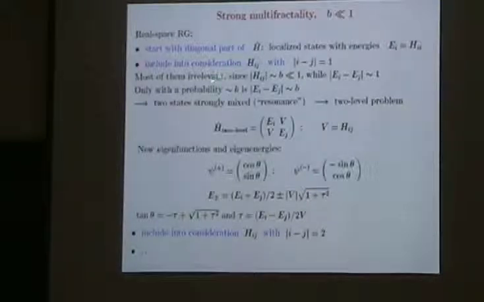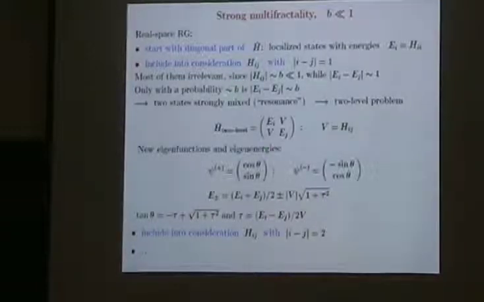Most of them you can forget about, because the characteristic value of this matrix element is b, which is much smaller than unity, and the typical spacing between energies is of order unity. So they are equivalent to a two-level system where the distance between energies is much larger than the matrix element, and then the relative mixing doesn't make any important contribution.